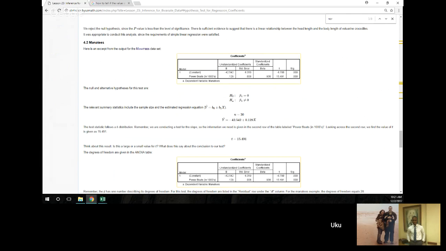We reject the null, because we're still referring to the slope. Option 1 said there is insufficient evidence to conclude that the slope of the regression line is not 0, but we are rejecting the null. So if we reject the null, then there is sufficient evidence.